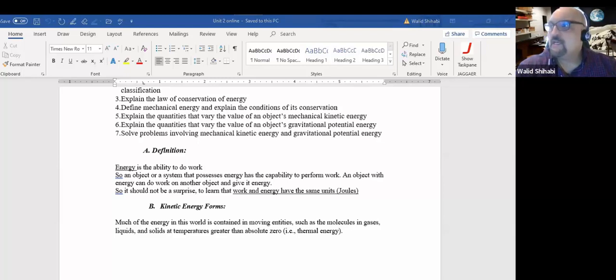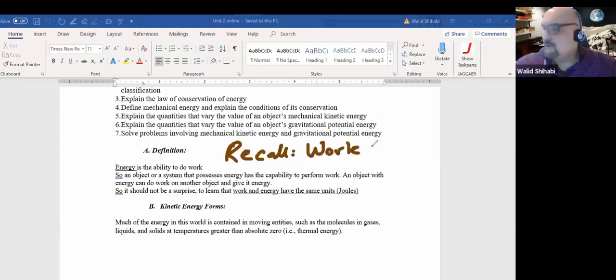So any object that has the ability to apply force and move an object a distance, we say that this object has energy. Okay, so recall here, work is equal to force times distance. So any object that has the ability to do work, we say that this object has energy. Okay.